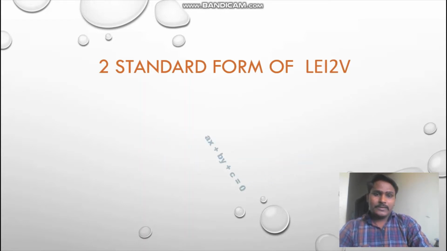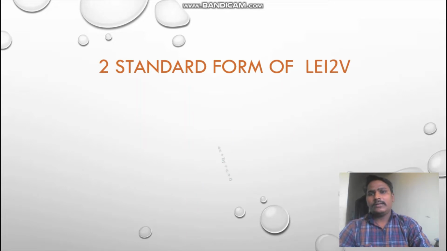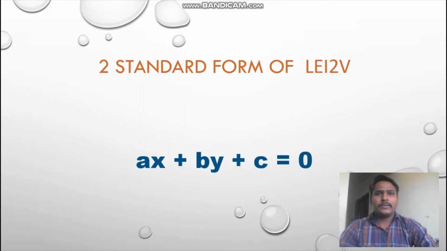So how to bring equations into this standard form, what is the meaning of A, B, C here, why 0 is written on the right side, can we write C on the left side, all that we are going to see in this bit.